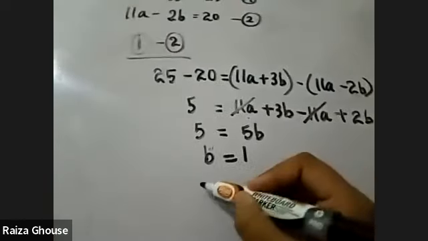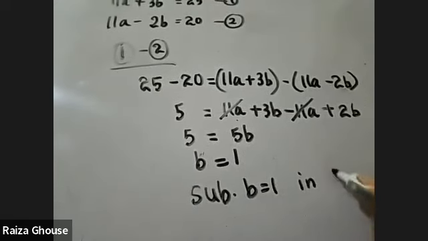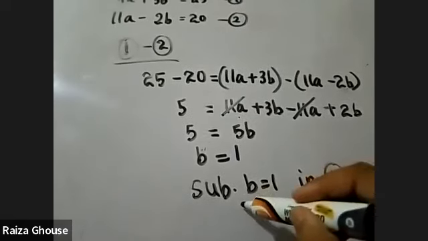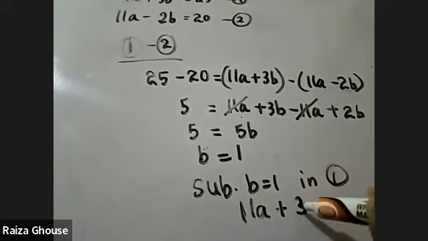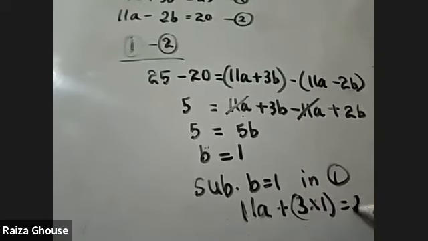Now you have to write down, substituting b equal 1 in any equation. So I choose the first equation. I can write down 11a plus 3b, 3b means 3 times 1, equals 25.